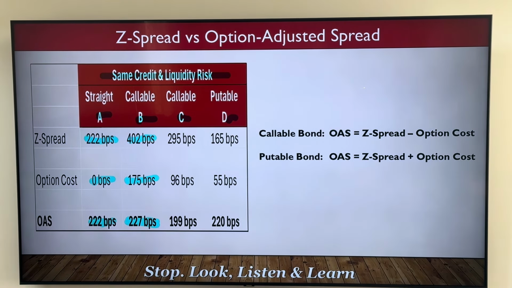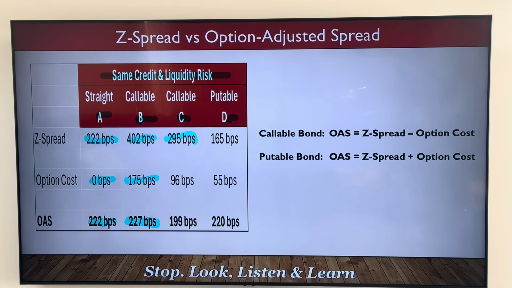In a similar fashion, I look at bond C, which is also a callable bond. It has a Z spread of 295 basis points. That's the total compensation I'm getting. 96 of the 295 basis points is attributable to the option that's embedded in the bond, and that 96 basis points is meant to compensate me for the risk that I'm assuming with respect to that call option, which is that the issuer can call the bond away from me at a time that's not advantageous from my perspective.